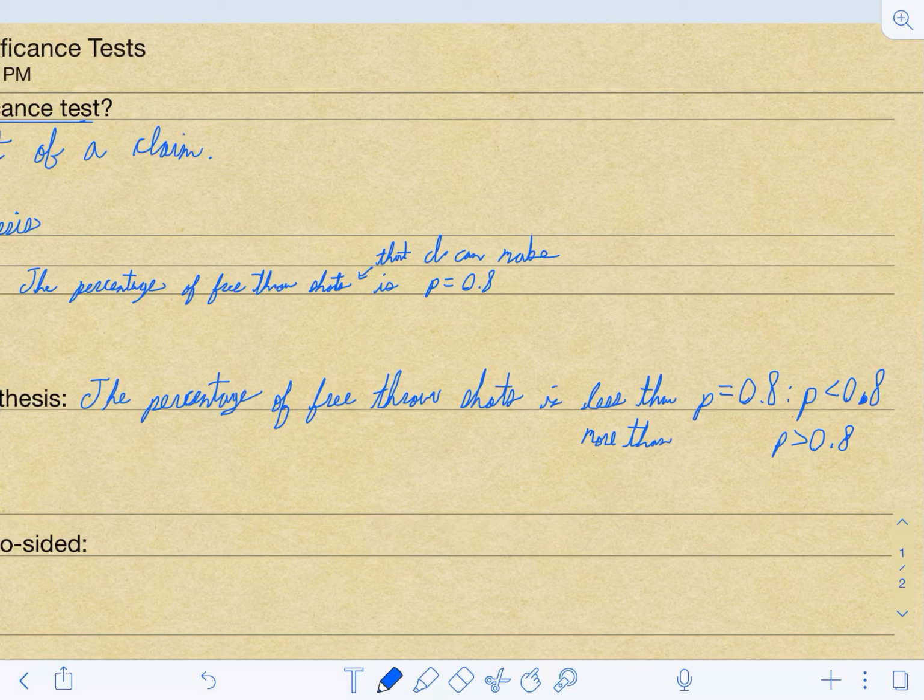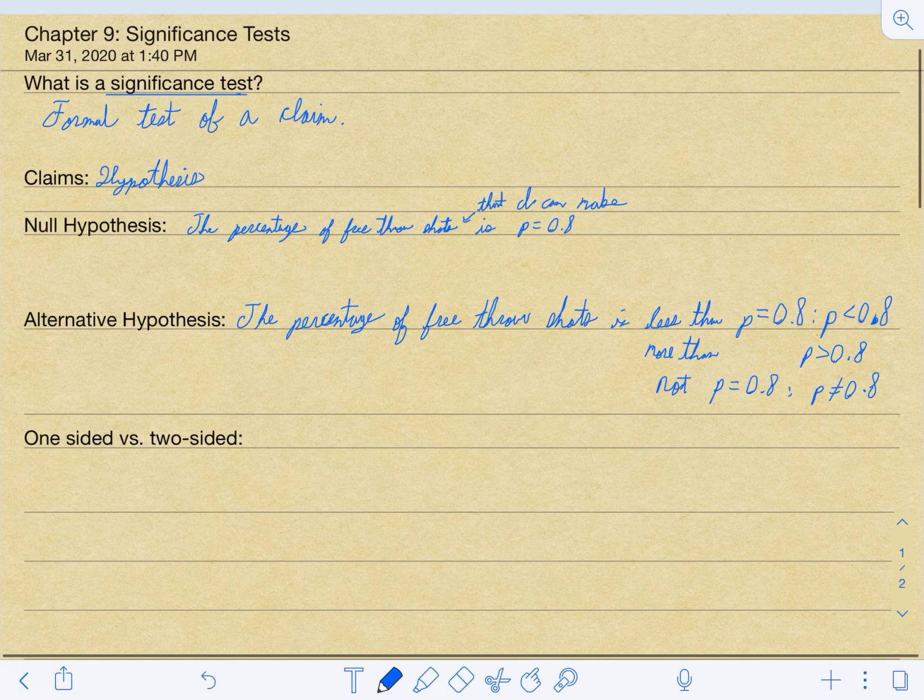And so if it's any answer but not that answer, you could say P is not 0.8. It could be bigger, it could be smaller, but you're saying, no, it's definitely not 0.8.